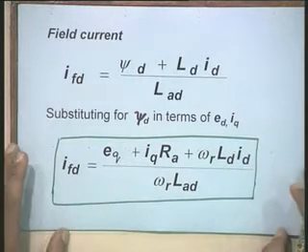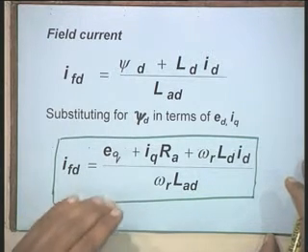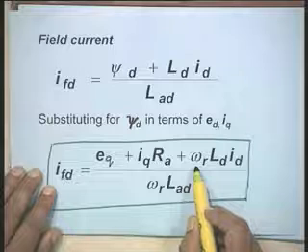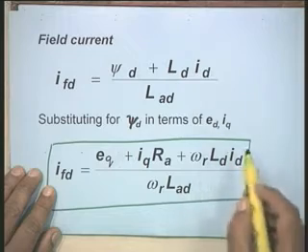Therefore, for all our studies, as we will see further when we talk about the models of the synchronous machine for our stability studies, this information is required. But it is simply obtained using those equations, that is the stator circuit equations and flux linkage equations, and making some appropriate substitutions. Now, we use omega r equal to omega s, and omega s into LD will be represented by XD.